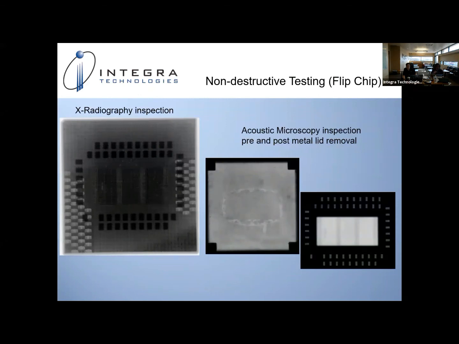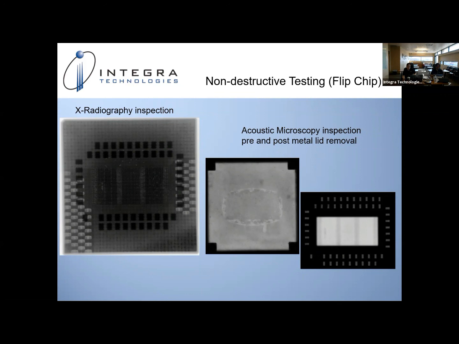Some of the non-destructive testing for flip chips that may be applicable, other than external visual, would be X-ray inspection. With X-ray, you're able to look internally at the part. In this case, you're able to see the capacitors or resistors sitting around the chip. You should be able to inspect the solder bumps, looking for voiding.